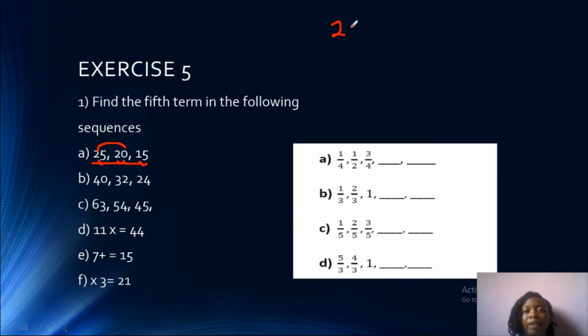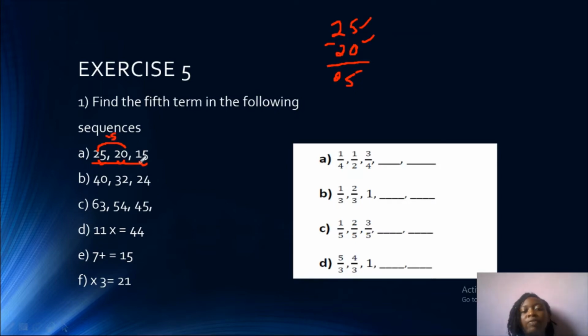So 25, 20. We can make an observation with our eyes. So this is higher than this. So definitely there was a subtraction somewhere. So let's see what we get. 5 minus 0 is 5. 2 minus 2 is 0. So they subtracted 5 here. So minus 5.